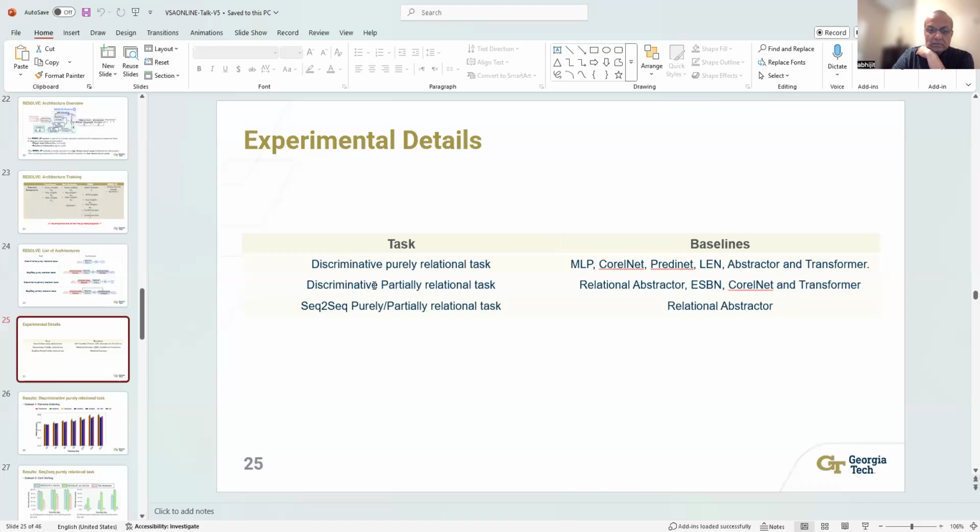For the discriminative partially relational task, we compare against the relational abstractor, the ESBN, the CoRelNet, and the transformer. And for the sequence-to-sequence purely relational and partially relational tasks, we compare only against the relational abstractor, as the other baselines such as CoRelNet and the transformer don't provide good accuracy compared to this baseline.